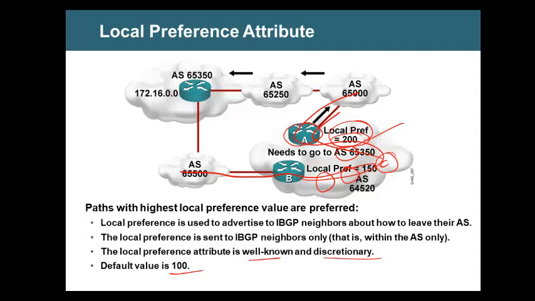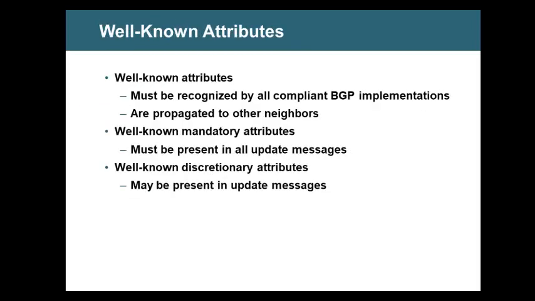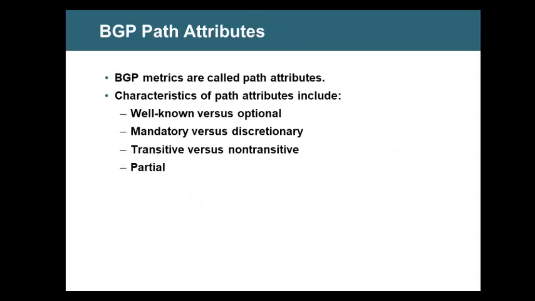So now going back to the attribute characteristics. We know what is well-known now. We know what is well-known mandatory. We also know what is well-known discretionary. An example of well-known discretionary is local preference, the second attribute in the list.